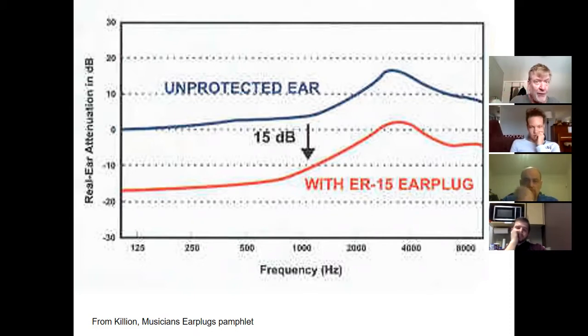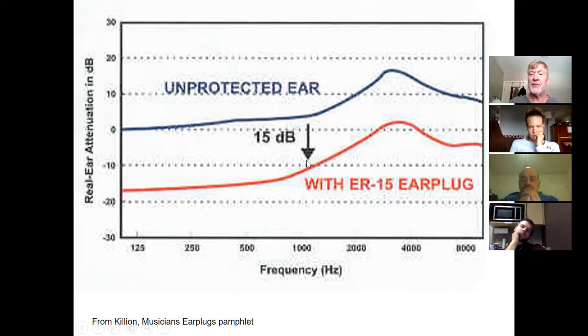Remember, wavelength equals speed of sound over frequency. Frequency equals speed of sound over wavelength. Your outer ear is going to resonate with these high pitches. Why? Because when we speak, the high-pitched consonants are hardest to hear. All of this is from anatomy class. Back to acoustics. Musicians' earplugs.